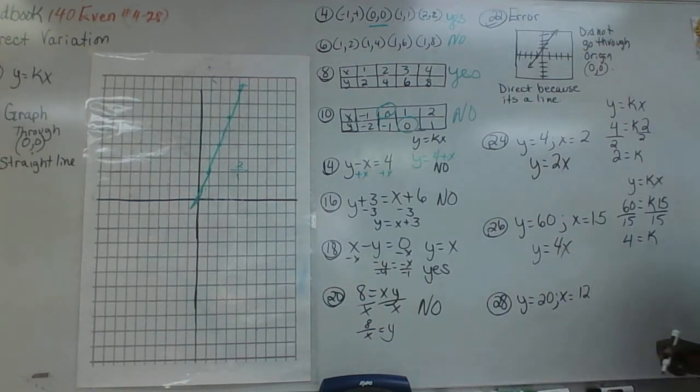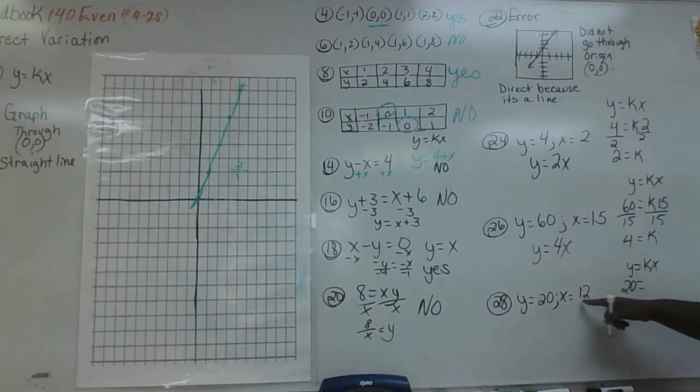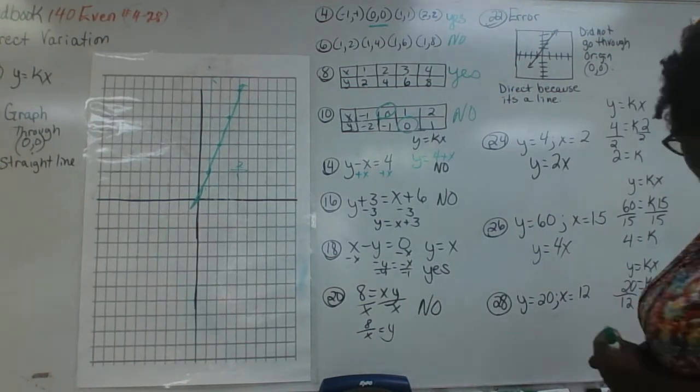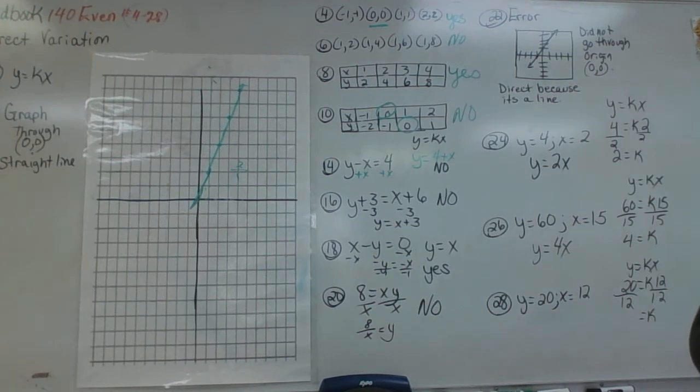On number 28, we have y equals kx. Therefore, y is 20. X is 12. Okay? Divide both sides by 12. And k is equal to, in this case for number 28, 20 over 12.